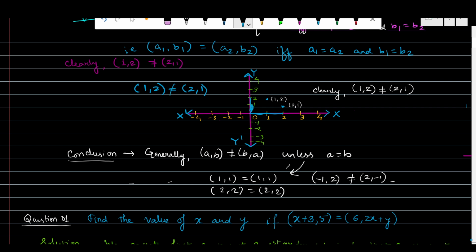Therefore, in general, a comma b is not equal to b comma a unless a equals b. If a equals b, suppose for the point 1 1, if you interchange the positions, then also we can say that these two are equal.